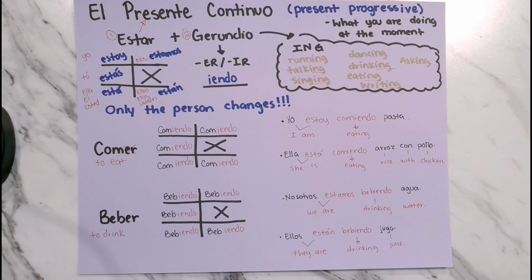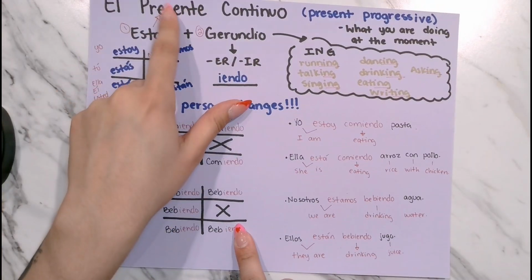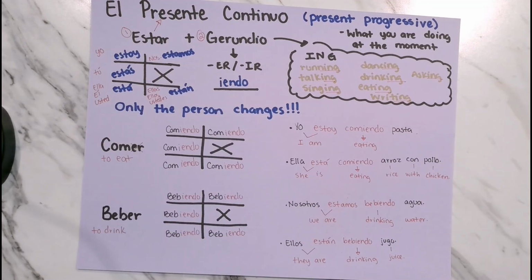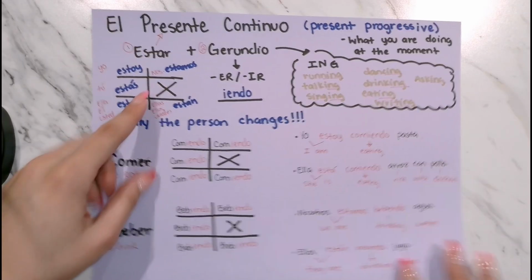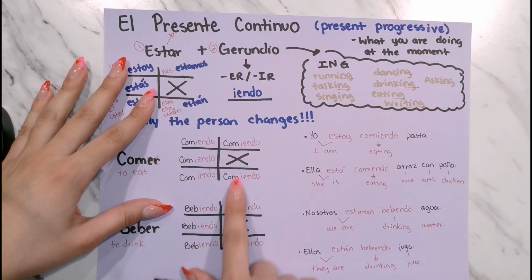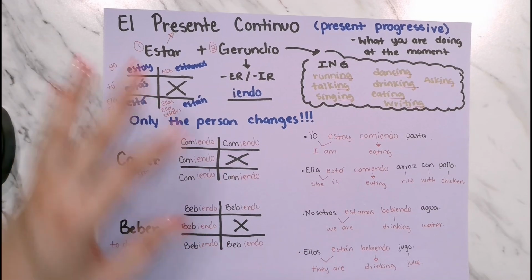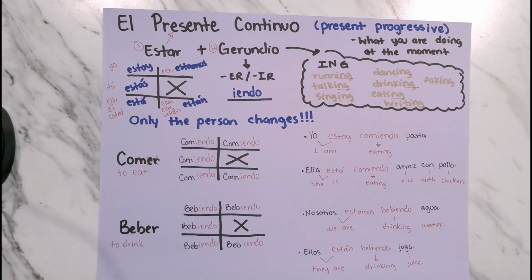And this is how we do el presente continuo, which in English is what? Present progressive. And the topic is telling you presente, okay? Not the past, not the future, okay? Remember that we need two things. What are those two things? Estar en gerundio, okay? Remember that estar is the only one that changes. Everything else will be the same, okay? Any questions, comments, concerns?